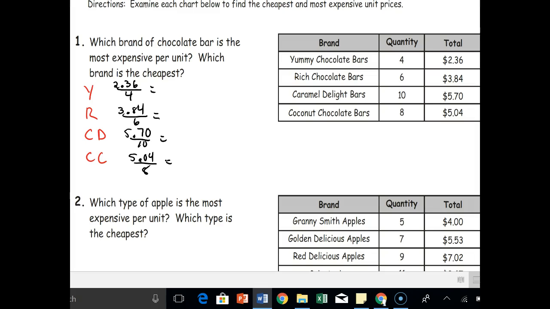I did say you can use a calculator. So this is 59 cents. This is 64 cents. This is 57 cents. And then 504 divided by 8 is 63 cents. So our best buy, you're going to circle it, is the Caramel Delight. And put a check mark just like that.